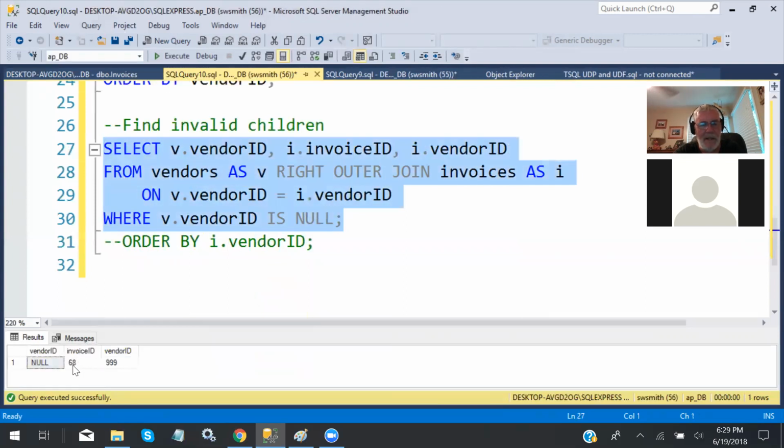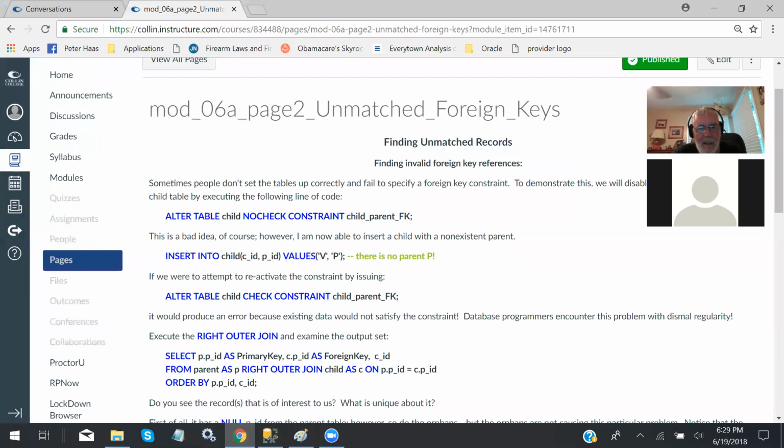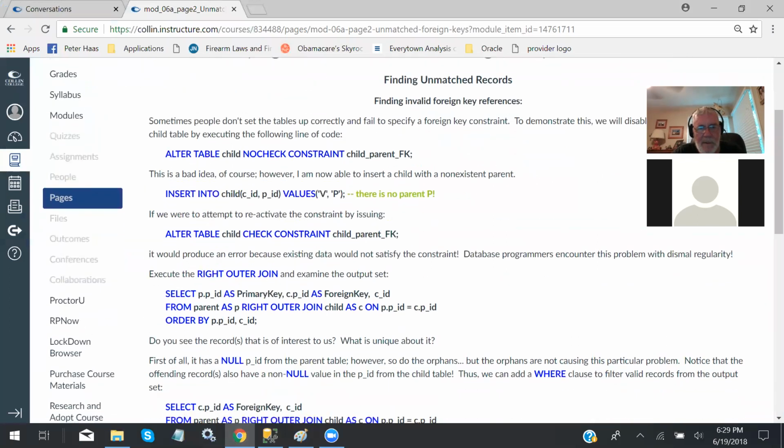So invoice ID 68 has no corresponding vendor ID in the vendors table. But in the invoices table, it has a 999, and that one is invalid. If I searched for that one in the vendors table, I would not find it. That is the whole idea of this. We execute the right outer join because I always put the child on the right.